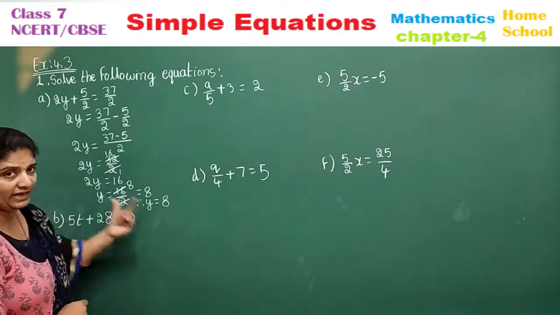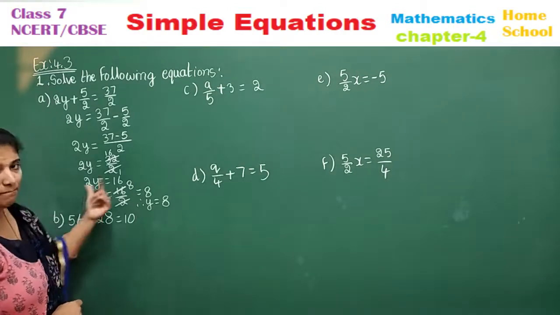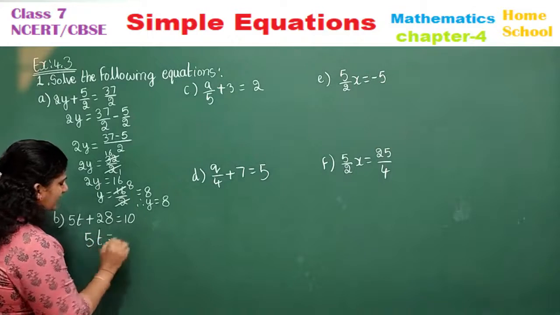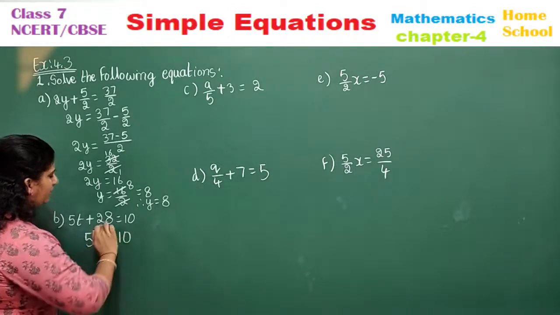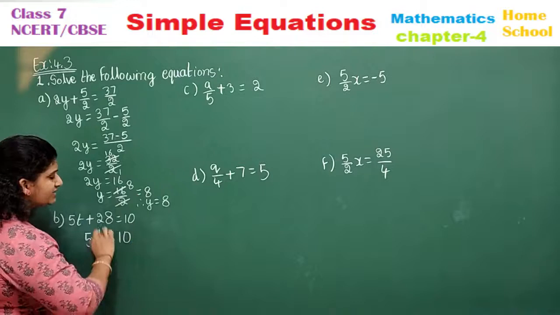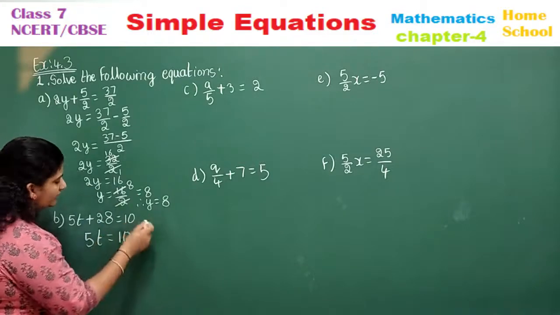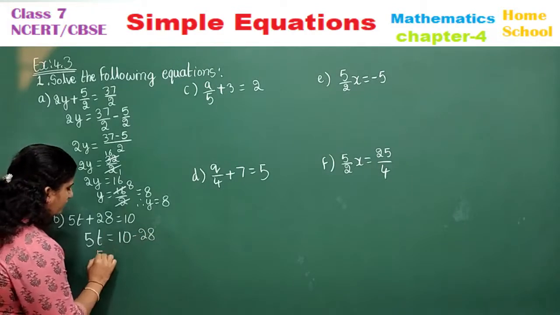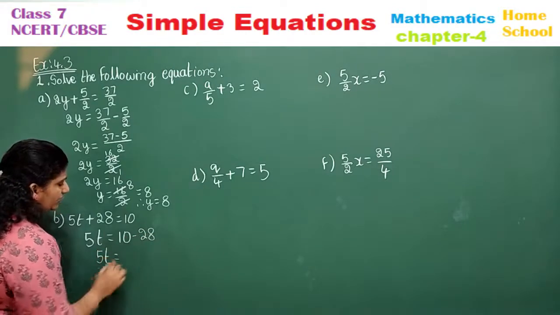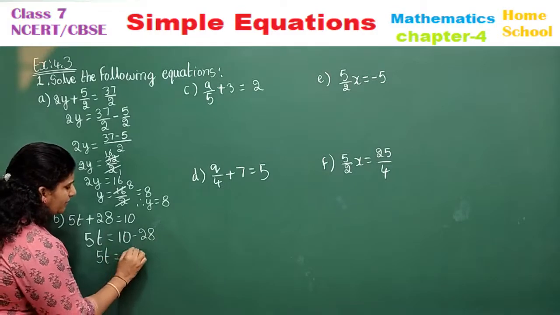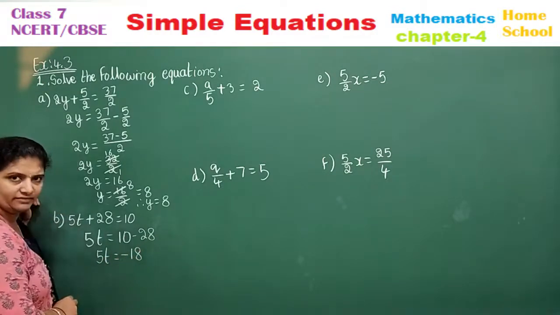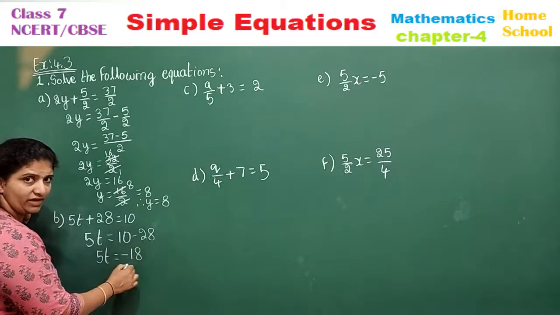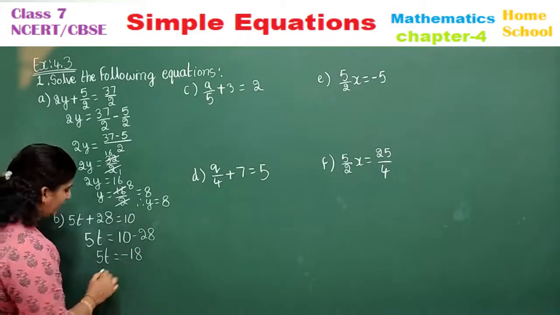Transpose plus 28 to the other side, which means minus 28. 5t is equal to 10 minus 28. If plus 28 comes to the other side of the equals sign, it becomes minus 28. Subtraction, you are perfect now. 10 minus 28 will be minus 18.